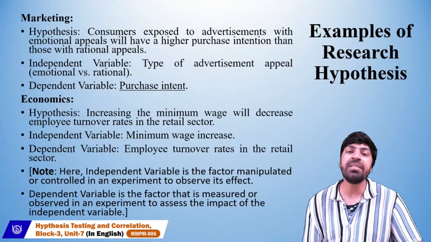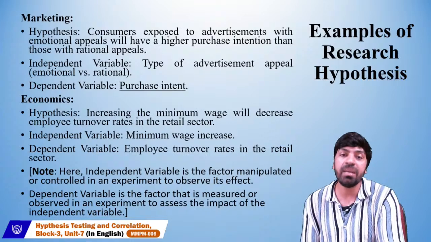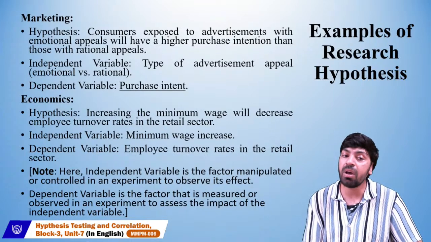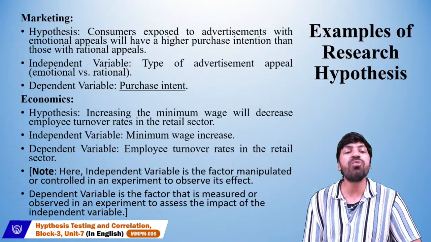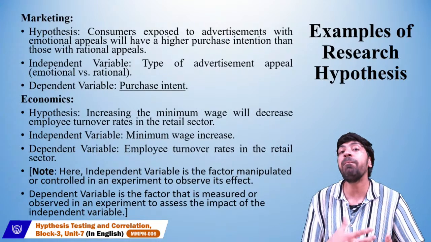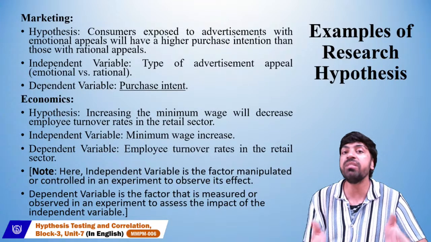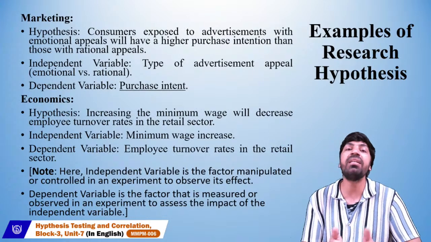The dependent variable, as it depends on the other variables, can be measured and observed in an experiment to assess what the impact would be of the independent variable. So there is a difference between the independent and dependent variable.